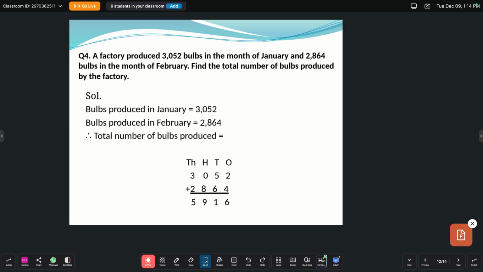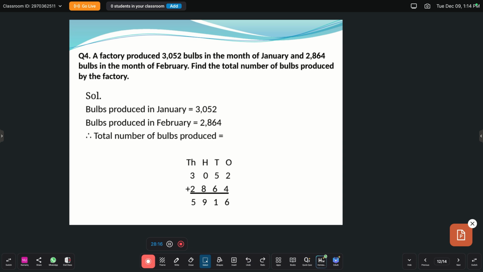Now we have question number 4 of the revision exercise. So the question is like this. A factory produced 3,052 bulbs in the month of January and 2,864 bulbs in the month of February. Find the total number of bulbs produced by the factory.